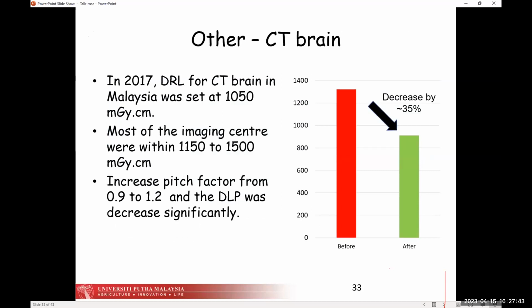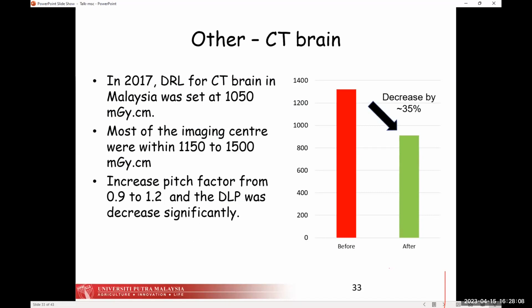So this is one of my experiences in setting up to reduce the CT DRL for CT brain in my institute, Institut Kanser Negara. In 2017, Malaysia set a standard that the CT brain dose length product must be below 1050 mGy.cm.